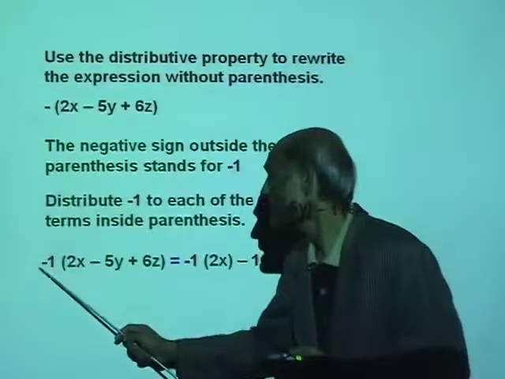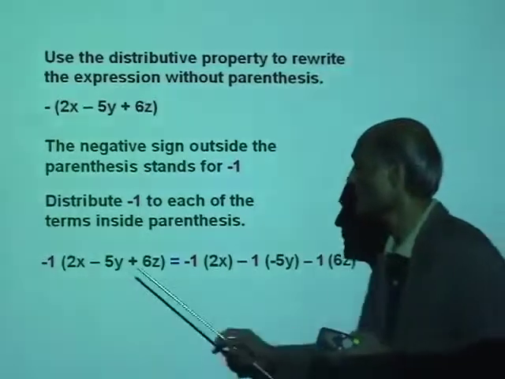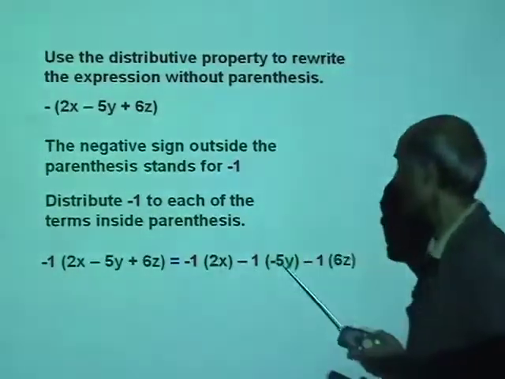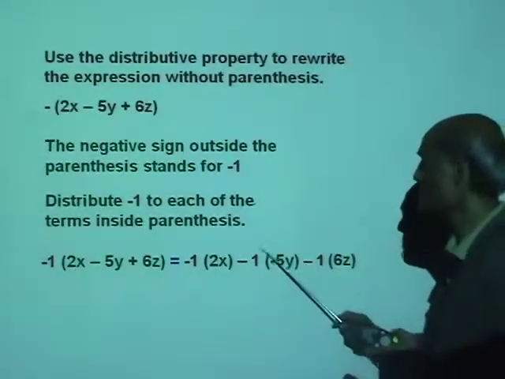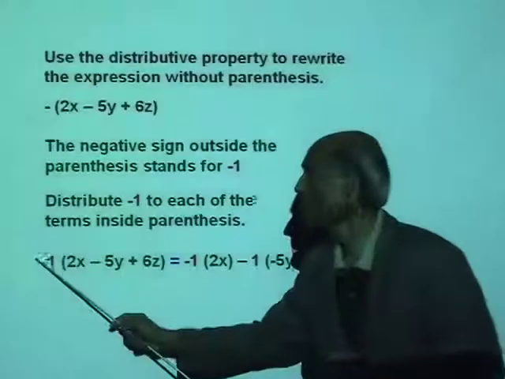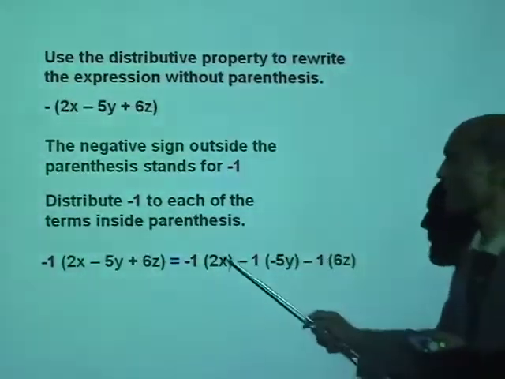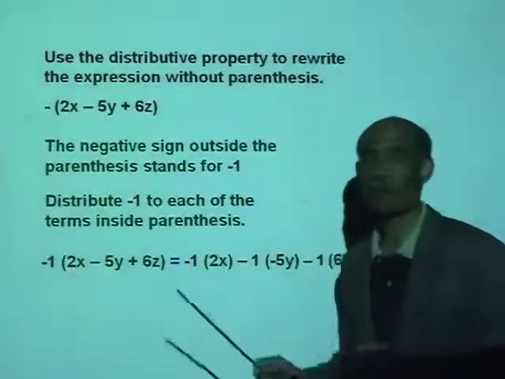So that will be negative 1 times 2x, there you are, minus 1 times negative 5y, see that? Negative 1 times negative 5y, minus 1 times 6z. We multiply each of the terms with that negative 1.